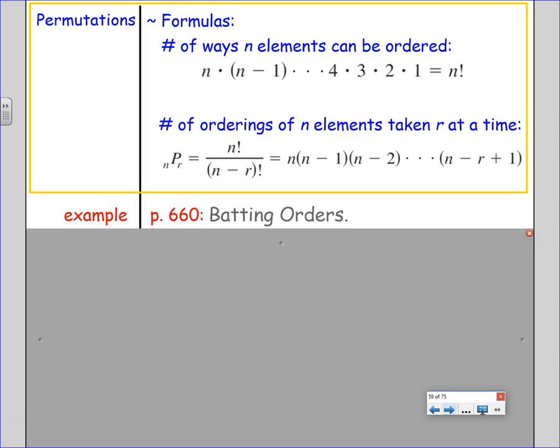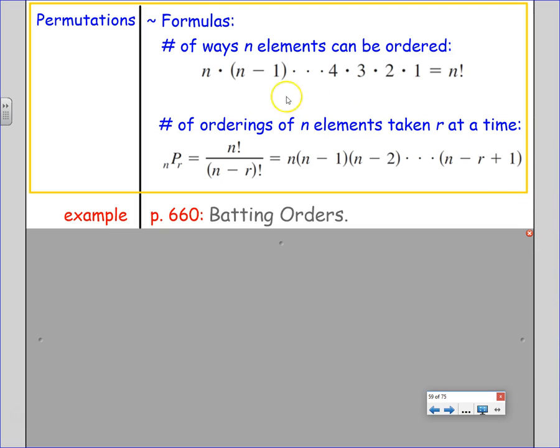Permutations, nPr: how many total objects, n elements, or n objects, or n items that you're dealing with? How many total objects, divided by, because you need to cancel out the blanks that aren't being used, n minus r. How many more objects do you have than objects you are taking? So r is how many you're selecting, n is how many total.